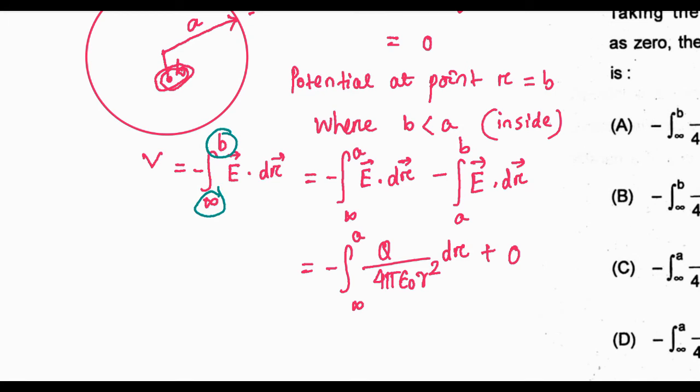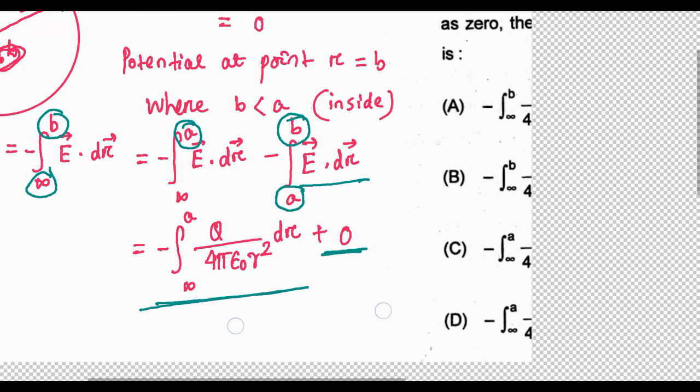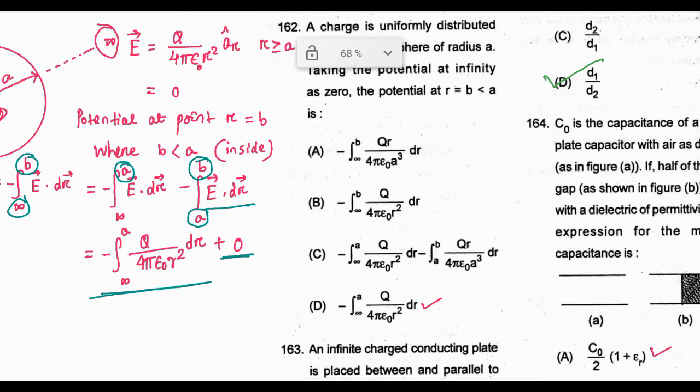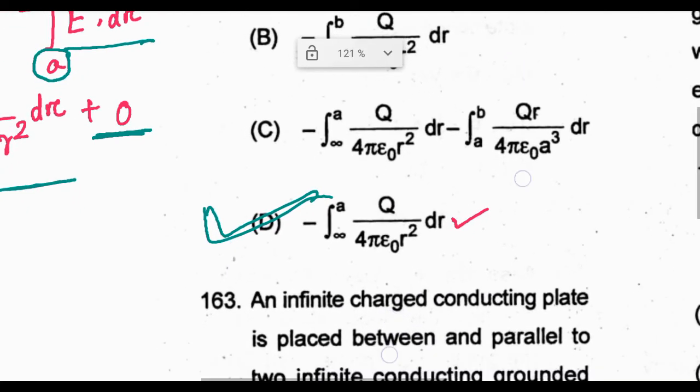This will be divided into two parts of integration, from infinity to A, and then from A to B, E dot dr. For the one from A to B, this is 0, as we have already discussed, inside the sphere the field will be 0, but outside the sphere this will be minus from infinity to A of q by 4 pi epsilon naught r square dr. So option D is the correct answer, that is minus the integral from infinity to A of q by 4 pi epsilon naught r square dr.